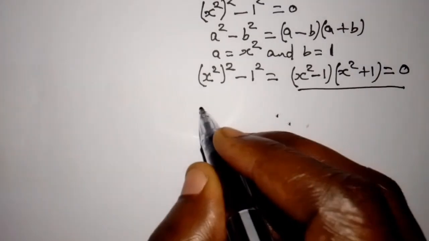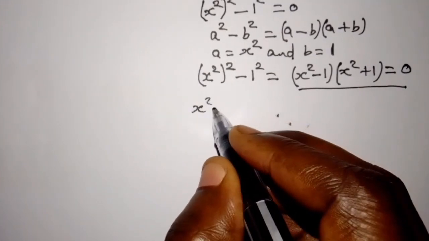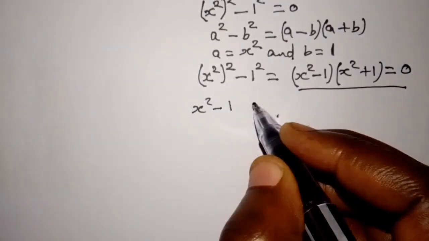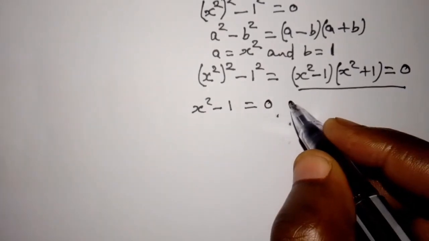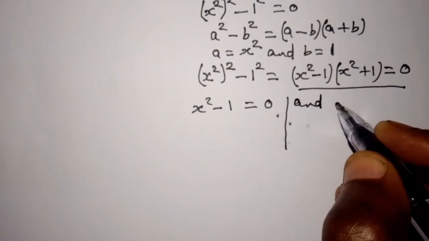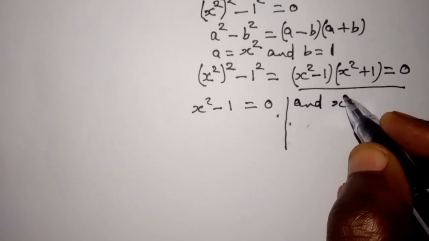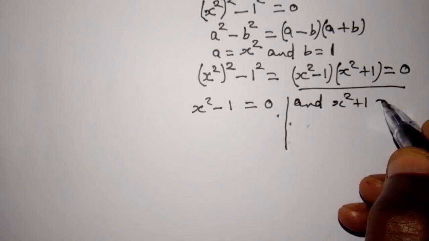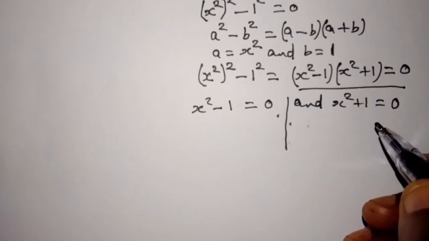So now we have x squared minus 1 is equal to 0 and x squared plus 1 is equal to 0.